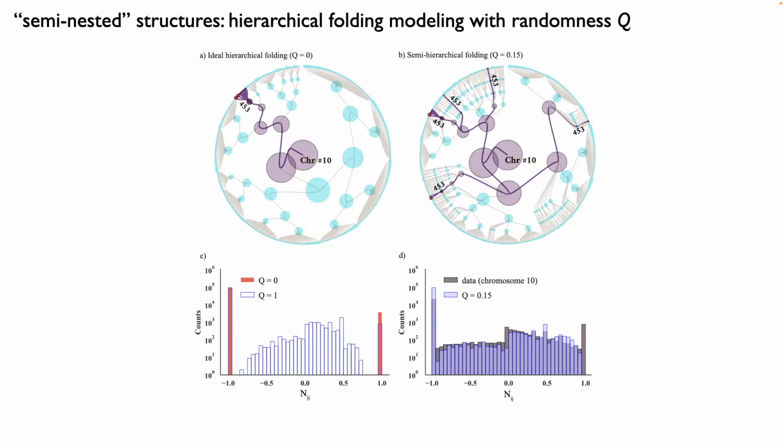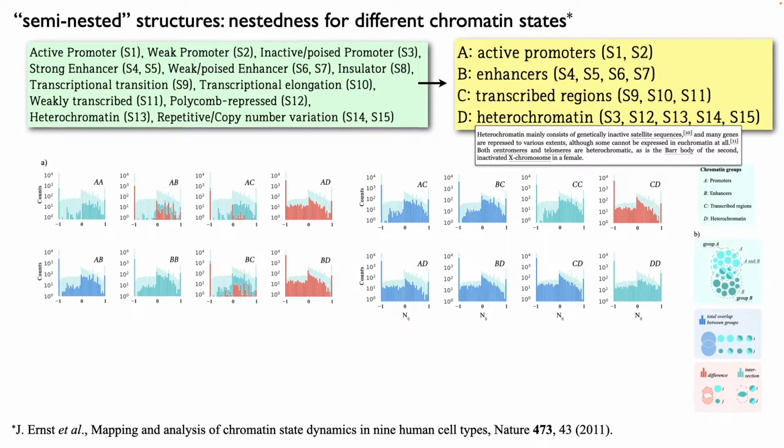And we successfully regenerated these various profiles with a simple hierarchical folding model, starting from the smallest unit of our communities called the domain. We went a bit deeper in our investigation by classifying the communities into different chromatin states defined in this paper.